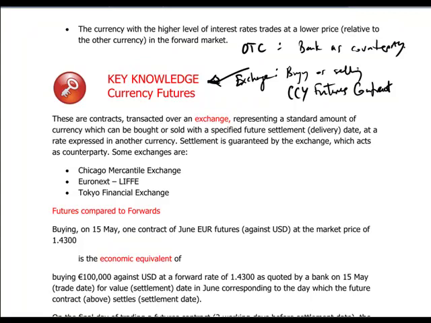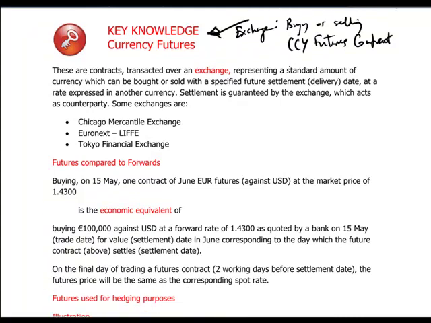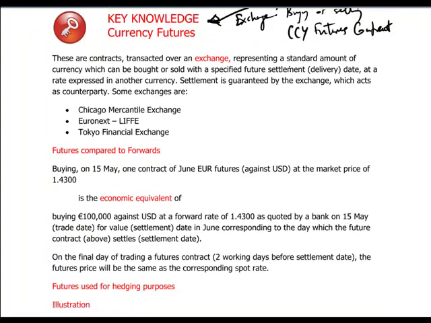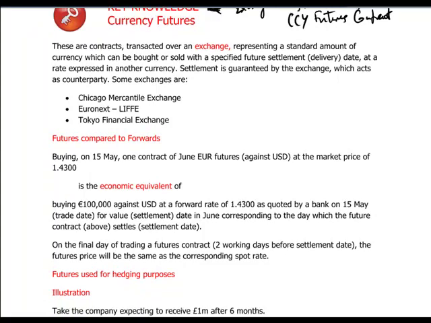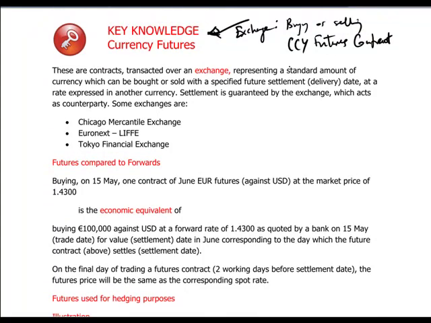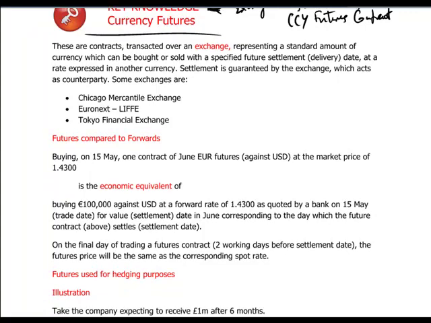Careful reading of this section and also detailed exercises, numerical exercises in the notes will confirm that in fact the use of currency futures has the same impact as an equivalent transaction done in the OTC market.